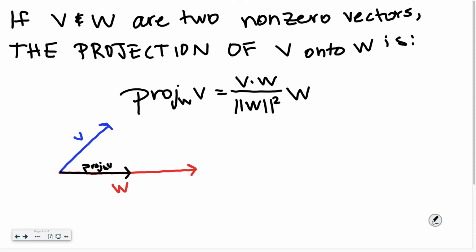So is this a vector? It's a vector. Let's think about it. Dot product, number. Magnitude squared, number. So that's a scalar that we distribute into W. As I hope you have been catching on, if we have a vector and we multiply it by a scalar, then those two vectors are going in the same direction, or they're parallel, I should say, because they could be in the opposite direction.